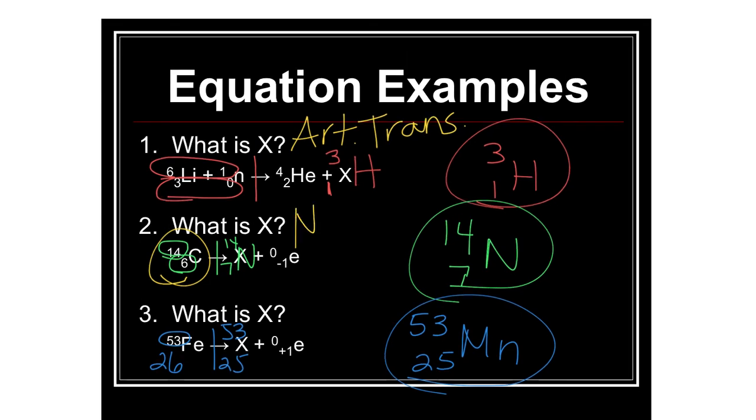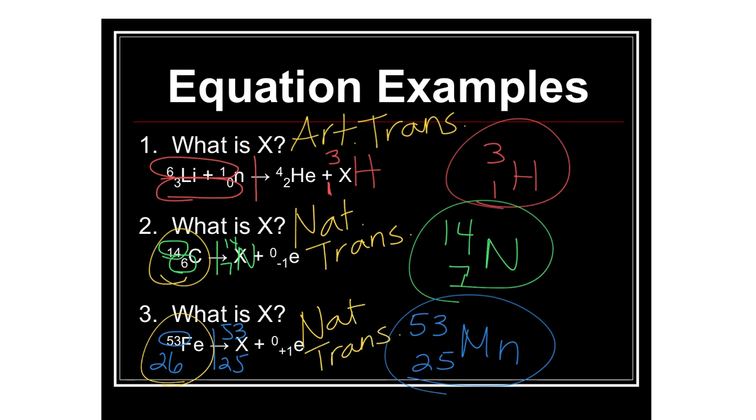So therefore, we have a natural transmutation. And in number 3, that would also be a natural transmutation because we only have the 1 reactant, so the change was brought about naturally. It did not have to be initiated by something else. And these are all transmutations because they start as 1 element and turn into another element because the atomic number has been changed.